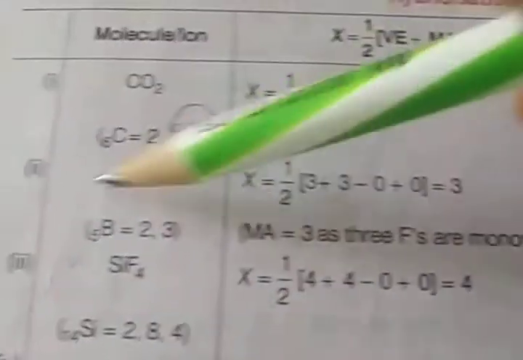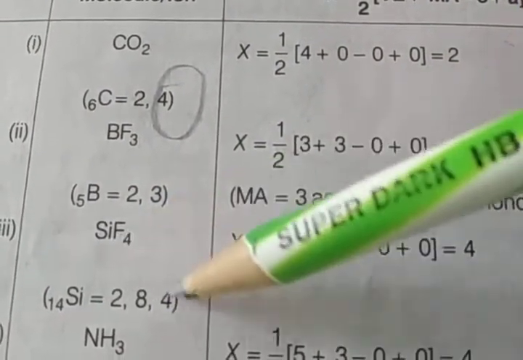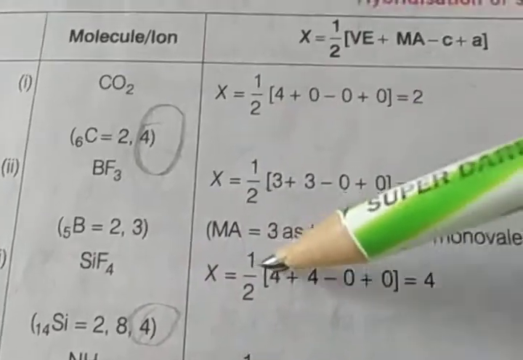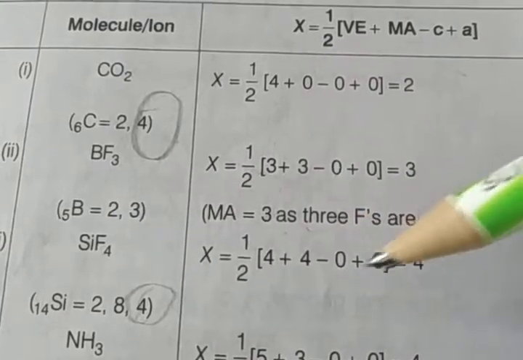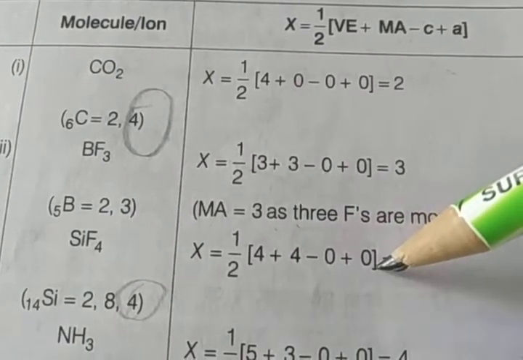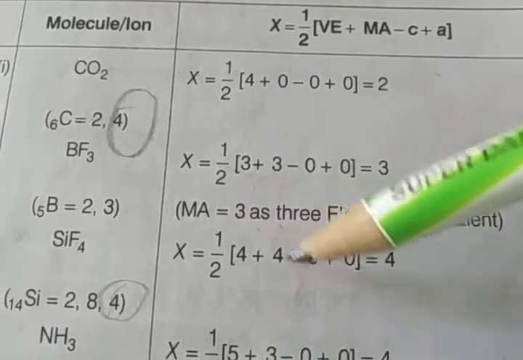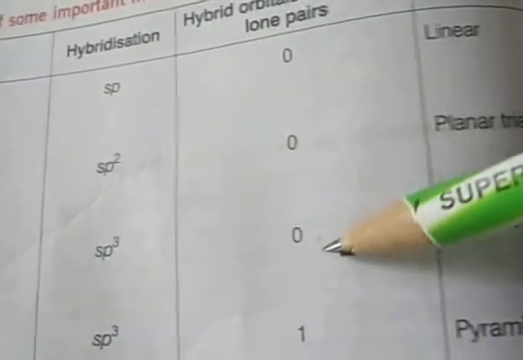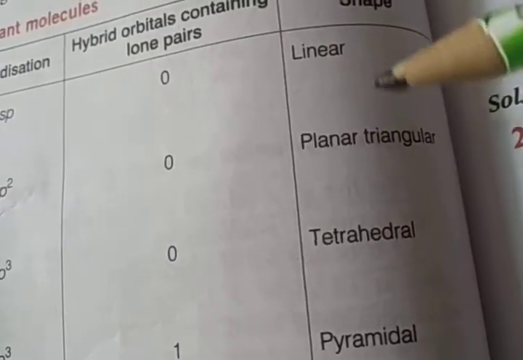Then like SiF4: silicon has 4 outer valence electrons, plus 4 monovalent atoms attached, no charge on cation or anion. Half of 8 is 4, so 1s and 3p, tetrahedral structure.